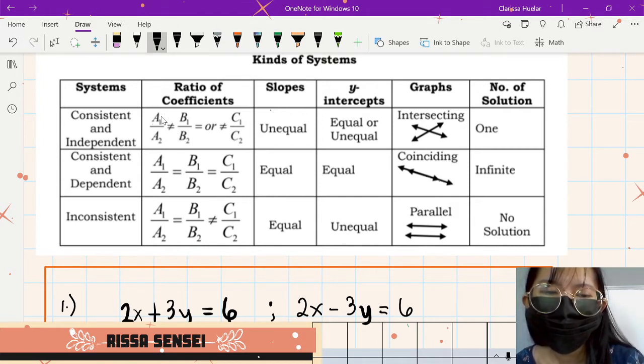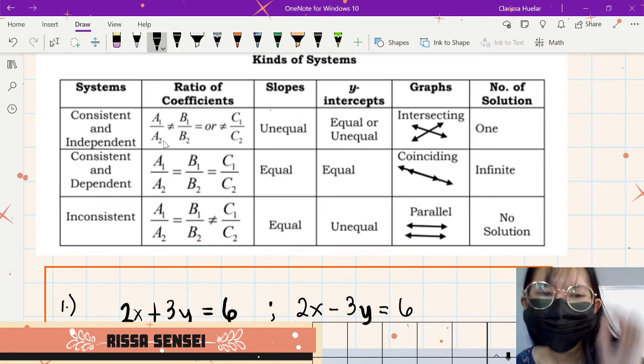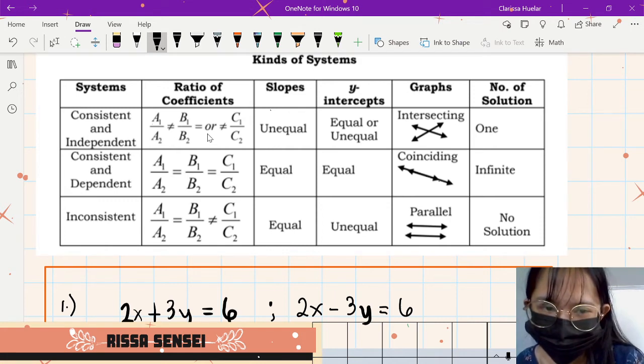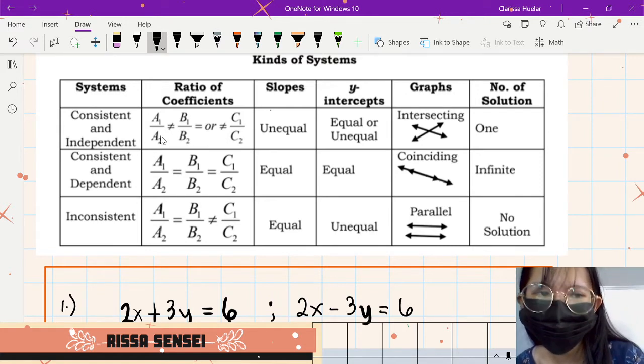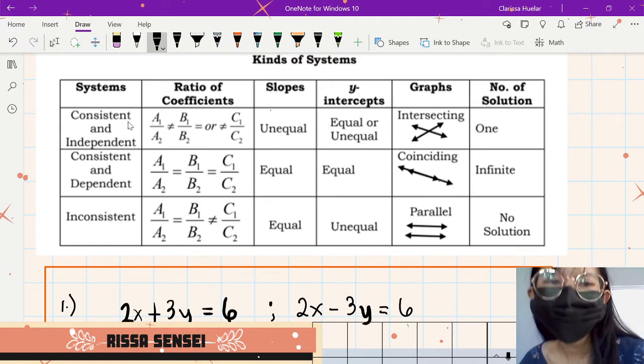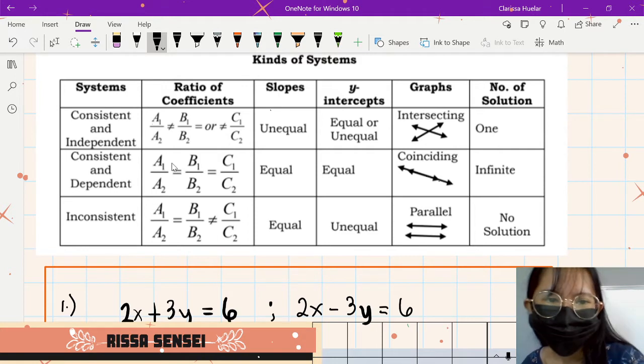So, if the ratio of a sub 1 and a sub 2 is not equal to b sub 1 and b sub 2, and the ratio of b sub 1 and b sub 2 is not equal to c sub 1 and c sub 2, then it is a consistent and independent system.